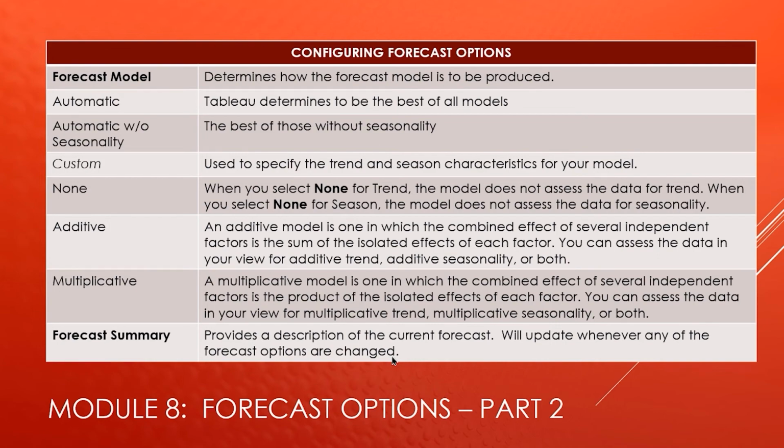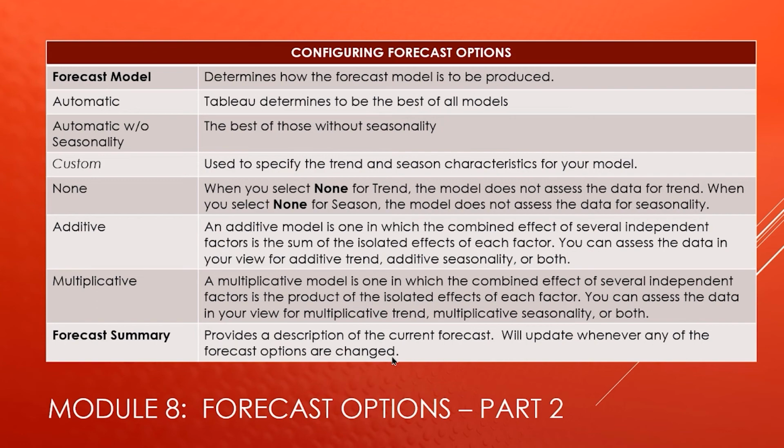An additive model is one in which the combined effect of several independent factors is the sum of the isolated effects of each factor. You can assess the data in your view for additive trend, additive seasonality, or both. And then you have multiplicative, and that's a model in which the combined effect of several independent factors is the product, not the sum. Additive is the sum.